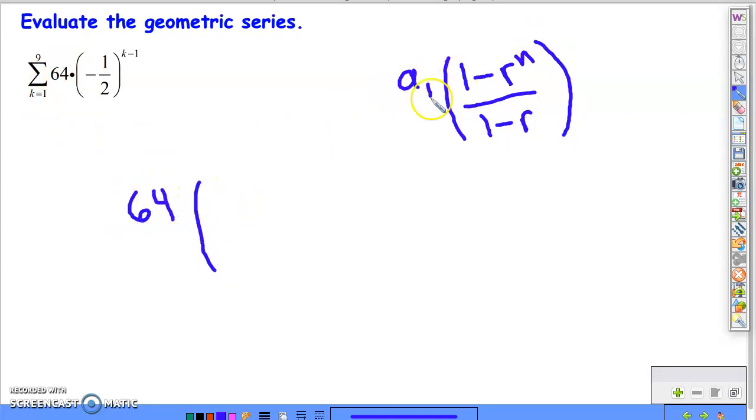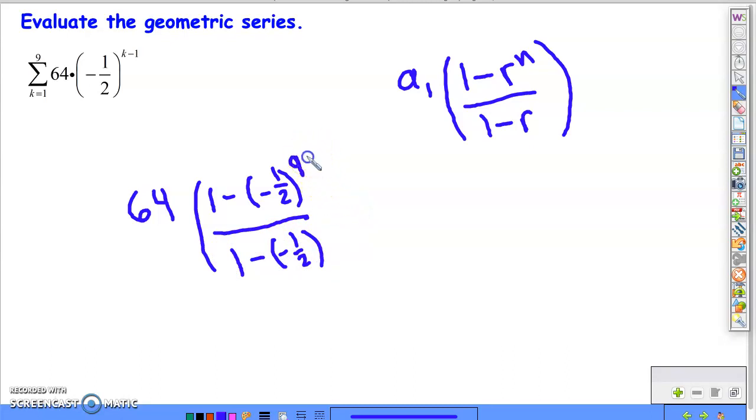Our r is negative 1/2, and then our n is 9, and then over 1 minus our rate again, which is negative 1/2. It's kind of sloppy. Try to write more straightforward. So that's going to equal 64 still. Let's see. Negative 1/2 to the 9th.